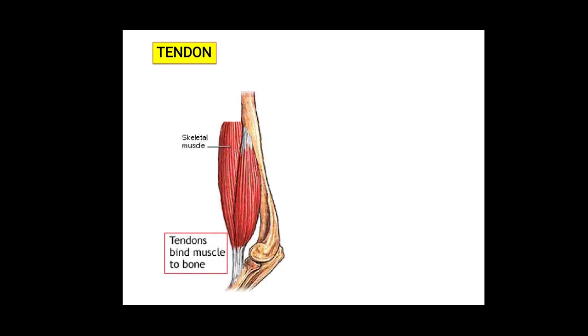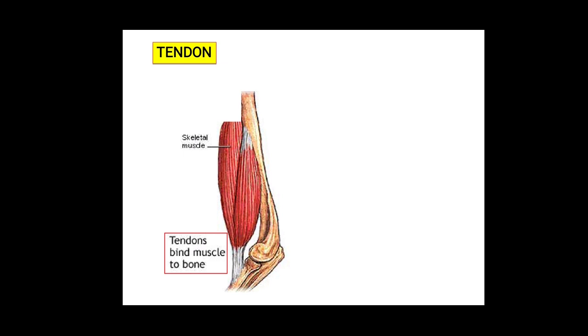Then there is this tissue called tendon. So it's a very strong tissue. You can see a white strip of a tissue which is connecting the muscle to the bone. The white strip that you see, that is tendon. Why it has to be strong?